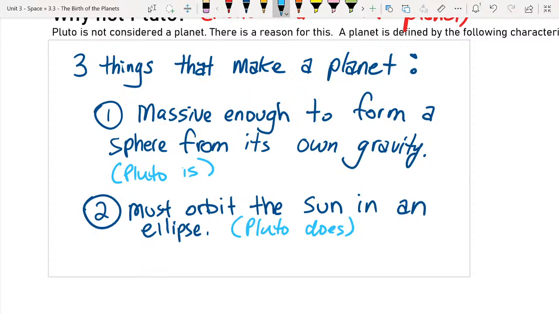Because one of the things Earth had to do before we consider it a planet is what we call clear its orbit. In other words, it has to be the only big thing in its orbit. Does that make sense? So the third thing is it must clear its orbit, which means be the only thing that is big, massive, and substantial in its orbit.